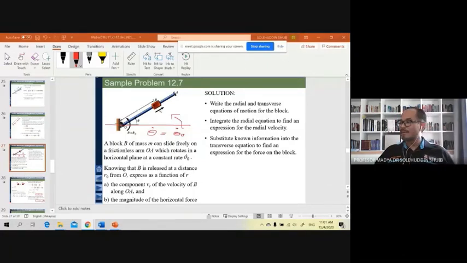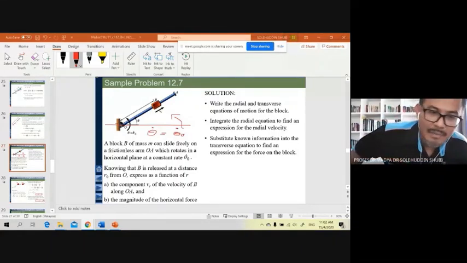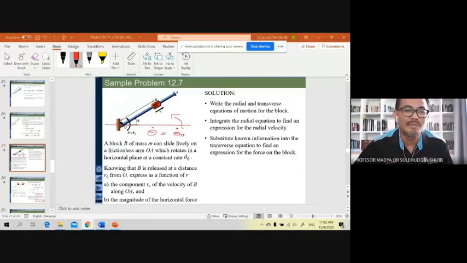How about theta double dot? Angular acceleration, correct.